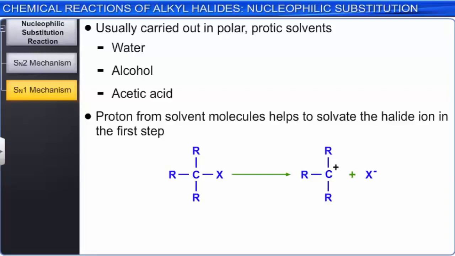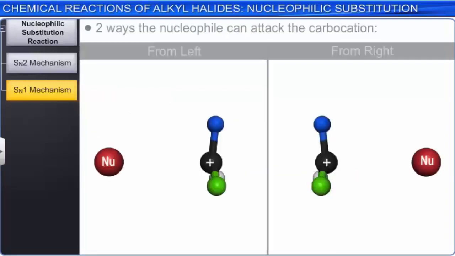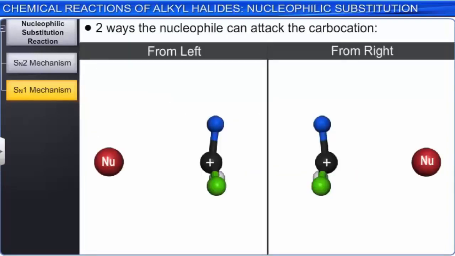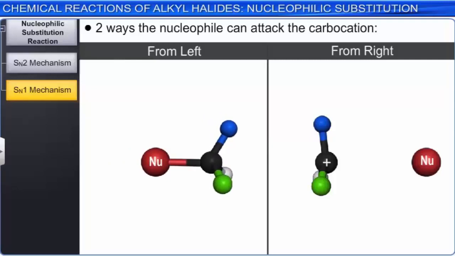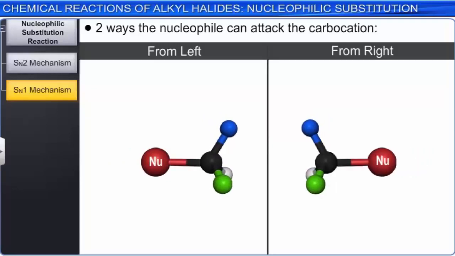In the SN1 mechanism, there are two directions from which the nucleophile can attack the carbocation. Two different products can be formed from the SN1 mechanism. Compare the product that is formed when the nucleophile approaches from the left compared to when the nucleophile approaches from the right.